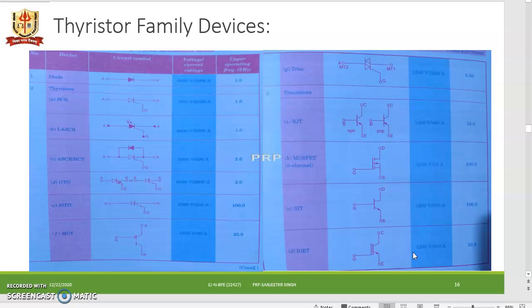SIT and IGBT: IGBT we see is 1200 volt and 500 ampere, very commonly used, and 50 kilohertz of operating frequency. So this is about the thyristor family devices with their symbols. Sometimes questions are asked to draw the symbols of different devices, and here we get an idea of the voltage and the current rating, that is power handling capacity, as well as the operating frequency.